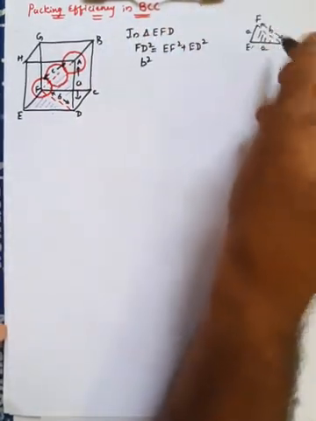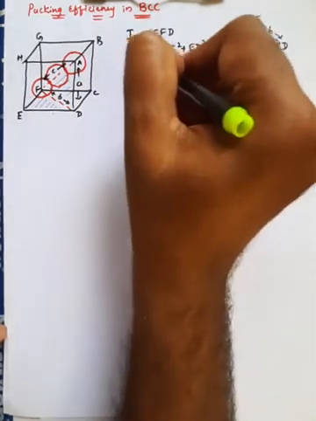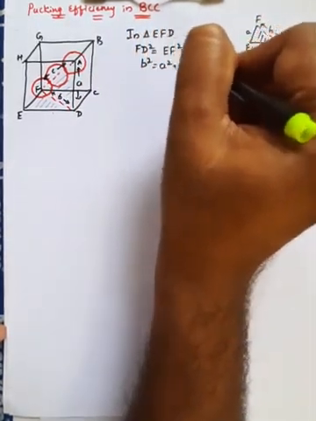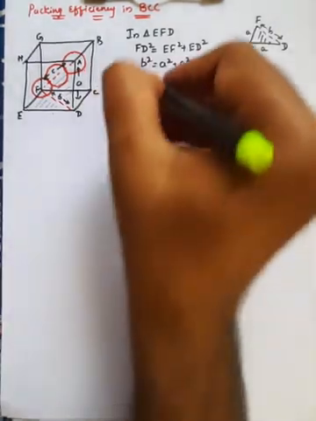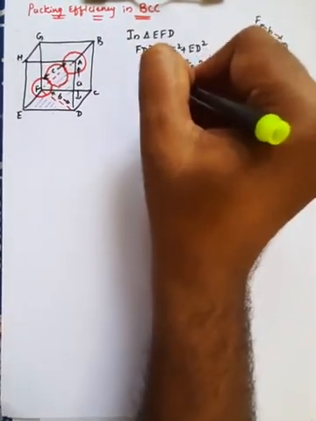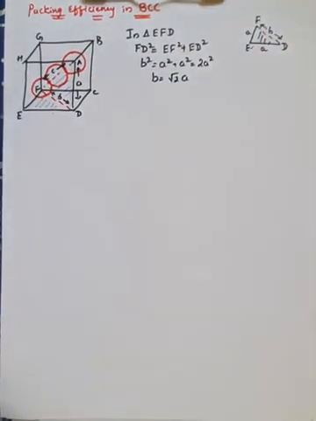We know the value of FD is B, that is B square is equal to A square plus A square, that is equal to 2A square. Therefore, B is equal to root 2 into A. That is the first triangle. In triangle EFD, the value of B is equal to root 2 into A.